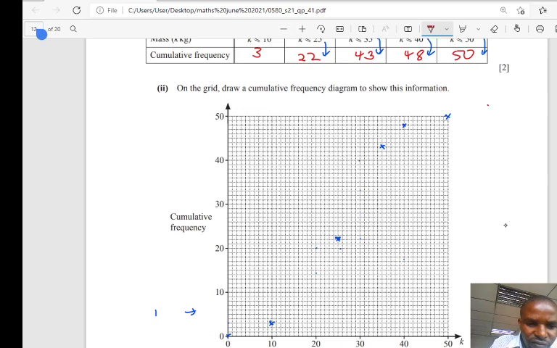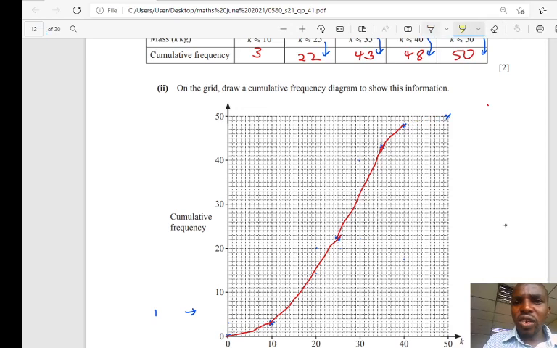That will be your graph. So that will be your cumulative frequency graph.